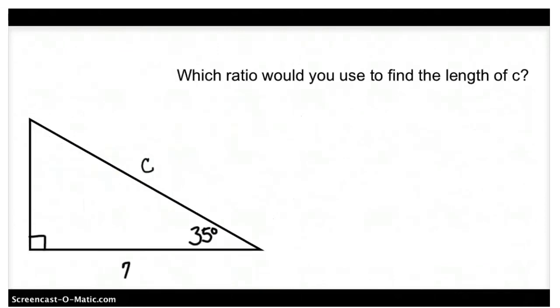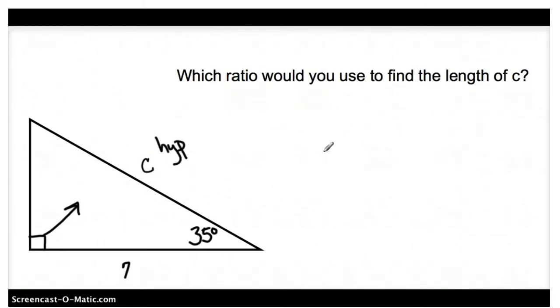Let's look at that. Here I have an example problem. I have this angle here. This is my theta. I need to know what ratio to use if I know this is my angle, this is the side I know, and this is the side I want to know. I have to identify the sides. Because this is across from the right angle, it's my hypotenuse.